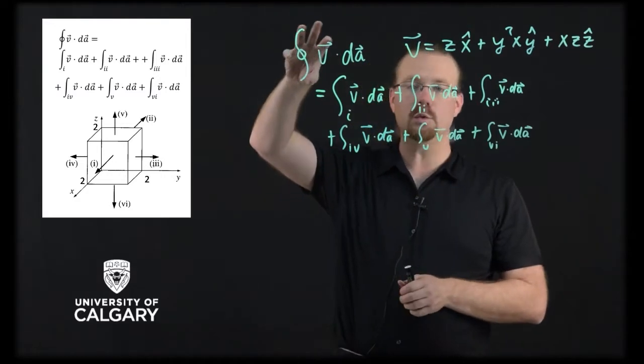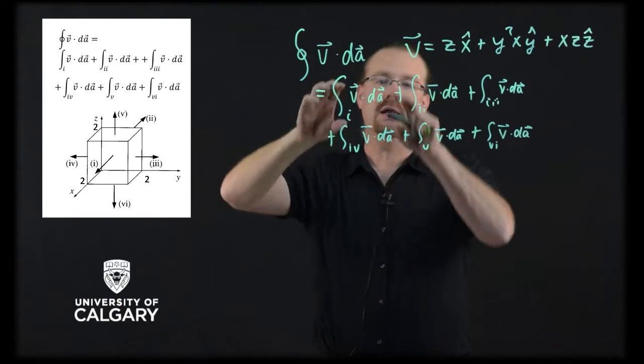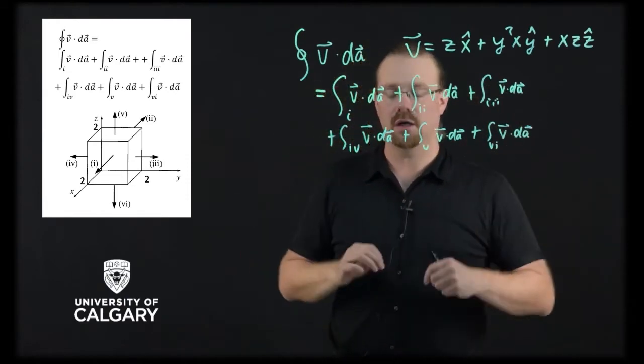Note, this was an enclosed surface. That's what the circle here means. And these are the 6 individual faces of our cube.